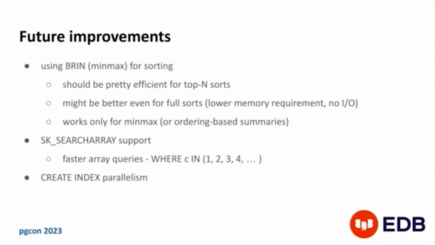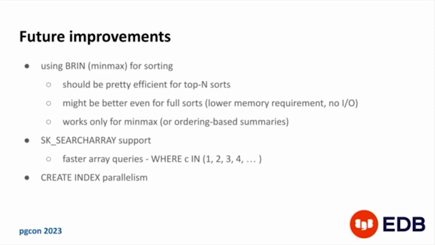Then we have a patch that improves queries where you have a where condition and the key is in an array or a list of values. That works now, but we essentially do a separate index search for each key.